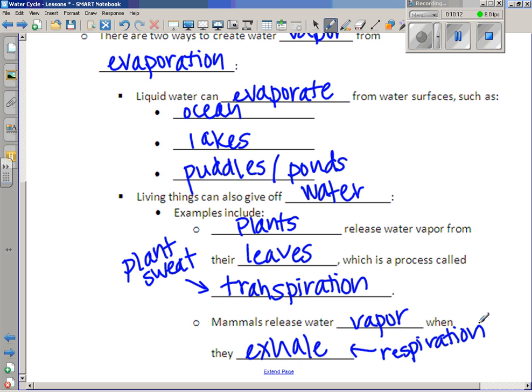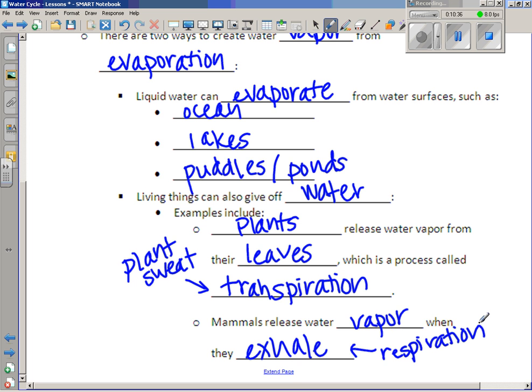So why don't you try breathing on your hands? Cup your hands over your mouth and then breathe out onto your hands. Can you feel that? There's probably some moisture on your hands. So you know that you're releasing water vapor when you exhale. But why is it kind of wet or damp?